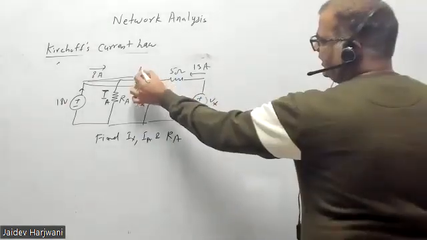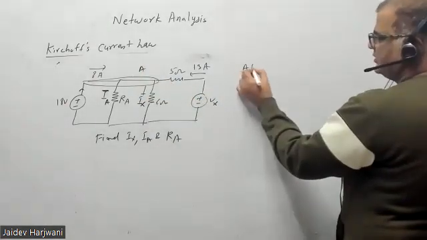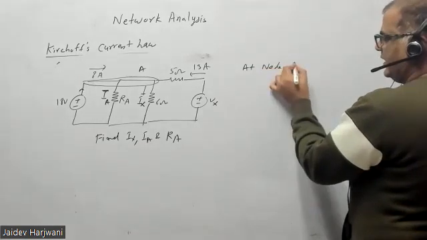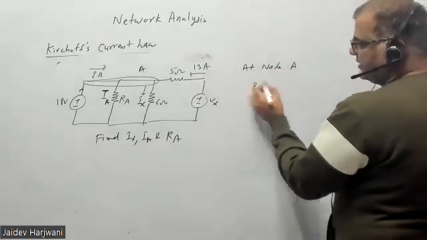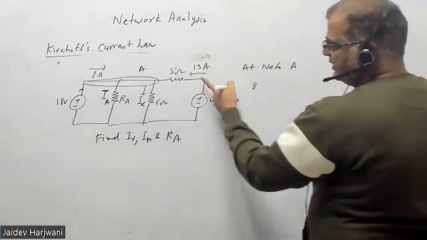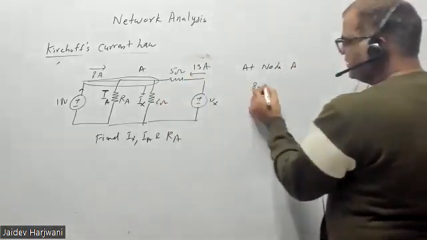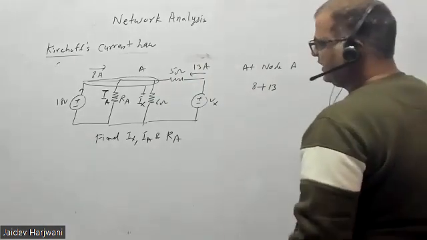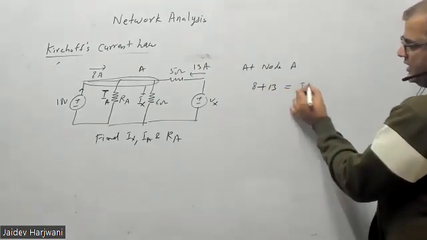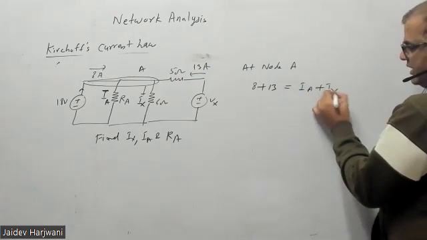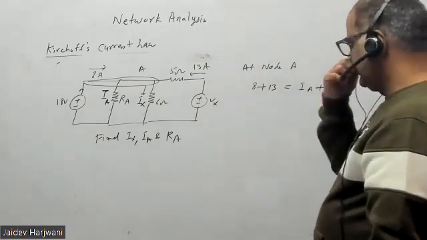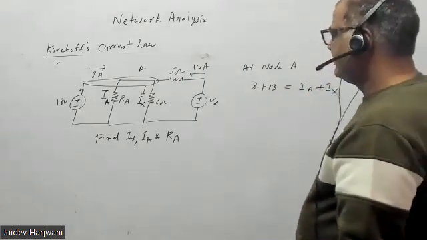Say this is node A. 8 ampere current is coming. And also 13 ampere current is coming towards this node, and the leaving currents are IA plus IX.